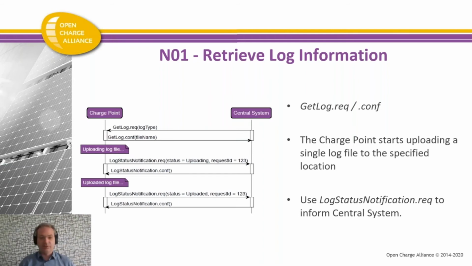It also has a separate log status notification message, which it can use to indicate whether it's uploading, and once it's done, to indicate that it has uploaded the file. The uploading is for a single file to a specific location. So this is the way you can retrieve the log file from the charge point.